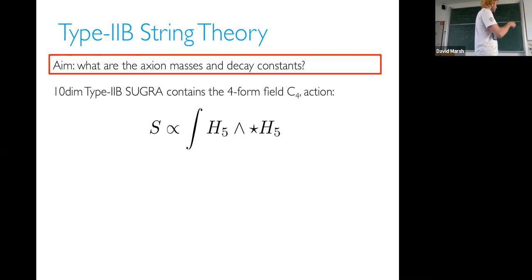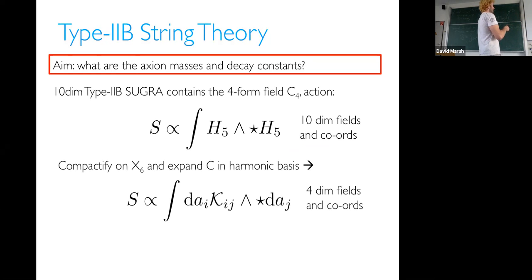10-dimensional type 2B supergravity contains a 4-form field, C4. The action for the 4-form field can be written from its 5-form field strength, H5 wedge star H5. 10-dimensional fields, 10-dimensional coordinates. We apply that expansion into the harmonic basis on X6, and we get S is proportional to dA^I, K_IJ, wedge star, dA^J.